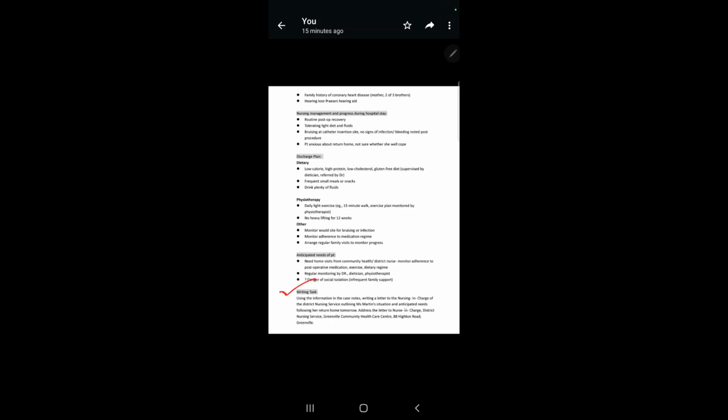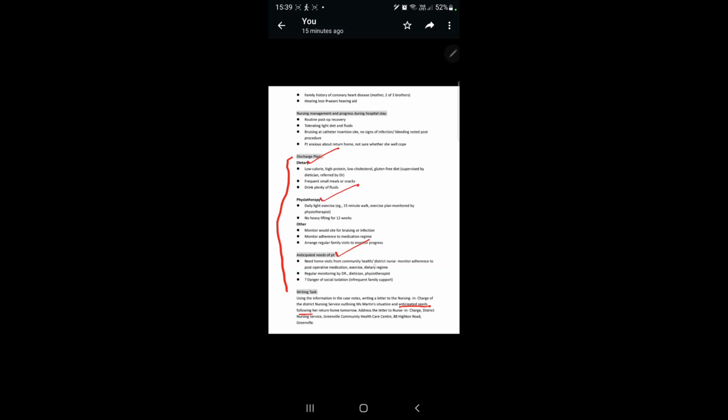Okay, so as you can see the writing task in this class is a letter of medicine. We are writing this letter to the nurse in charge, the district nursing services. And what is the reason for writing? The anticipated needs that have to be fulfilled. So this is a discharge letter. We have dietary instruction, physiotherapy, anticipated needs.